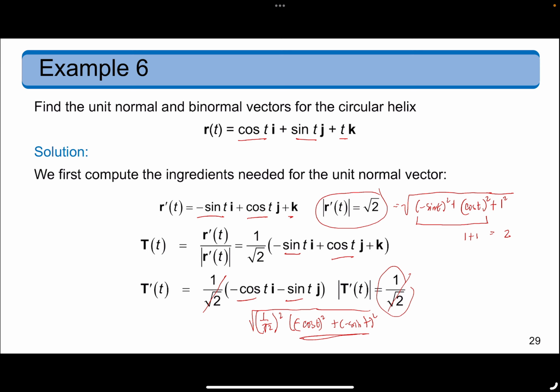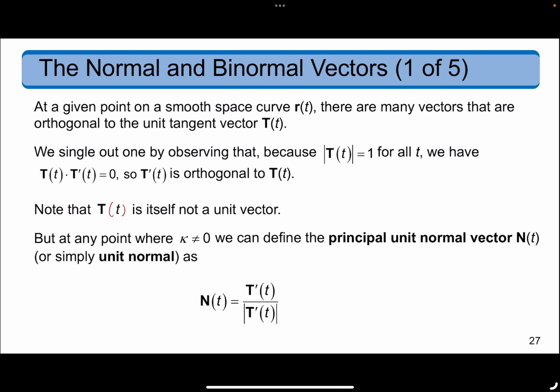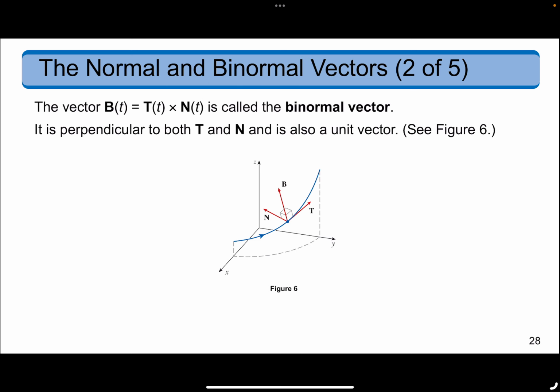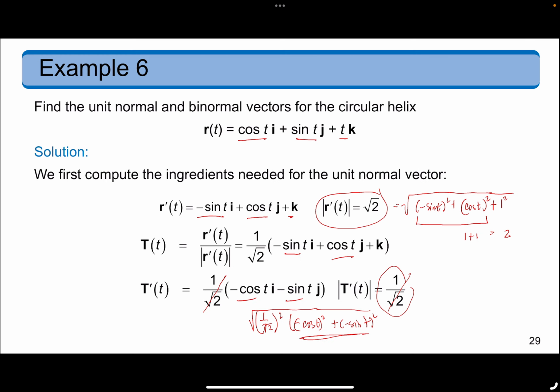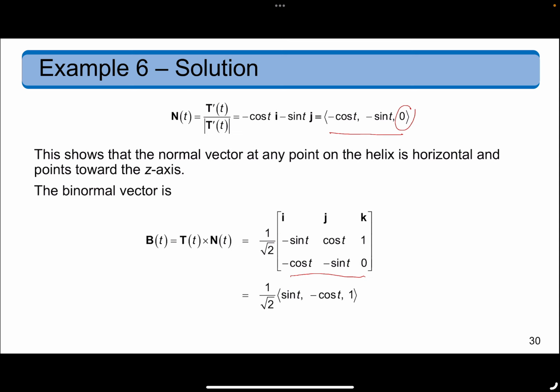And the unit tangent is T of t over the magnitude of T of t. So that would be this part alone: negative sine t, cosine t, and k, or 1.